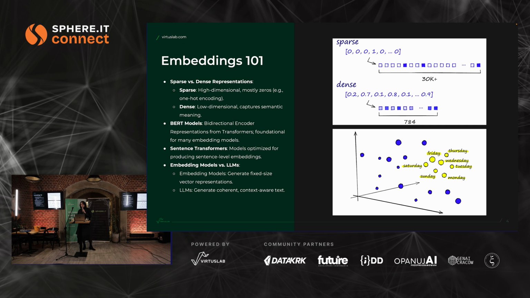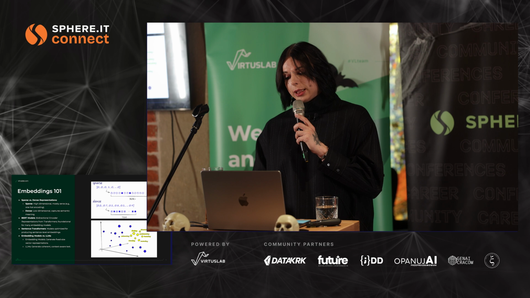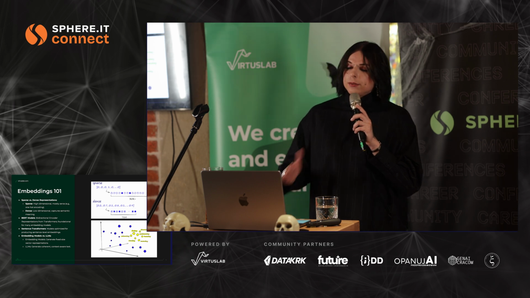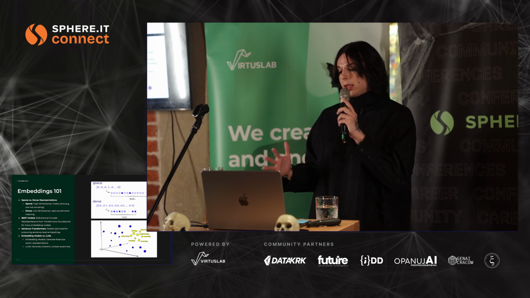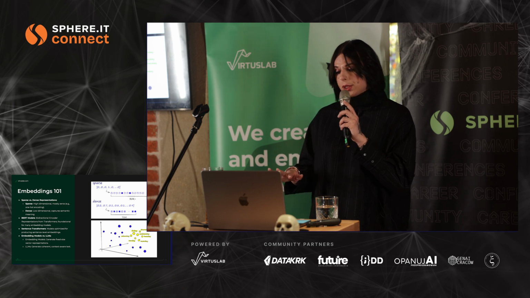Each of these dimensions represents some semantic feature, and the larger the dimension, the more semantic features it can represent. BERT models were first to represent text in a semantic way. BERT models represented all of the words separately, so there was a vector for each of the words.